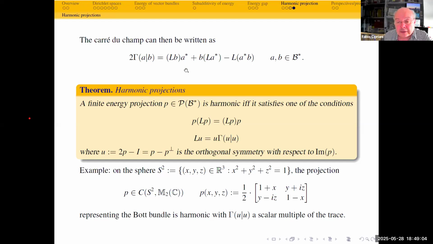These are functionals, right? And it is a multiple of the trace on C star of X. We don't know if this projection, which is harmonic, of course, is the projection minimizing the energy of the Bott bundle, which is a non-trivial bundle on the sphere. And this essentially concludes the seminar.